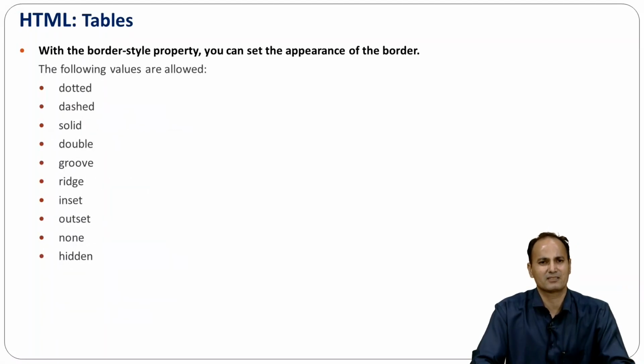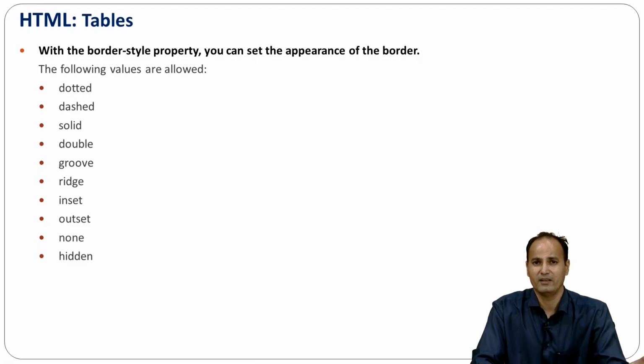So there are various style properties available for the borders. That can be a dotted one, dashed, solid, double, groove, ridge, inset, outset, none, hidden. There is a possibility that based on the browser you are using, some properties will be available and some will not be effective, or will not be visible.